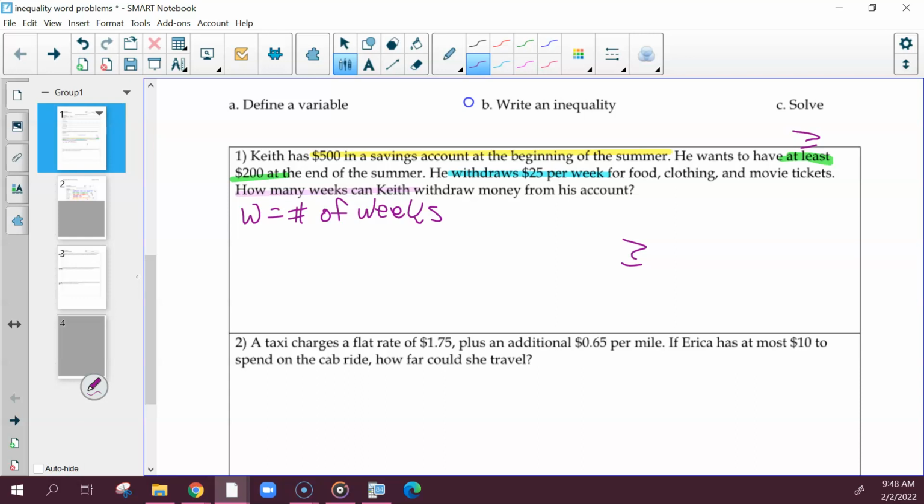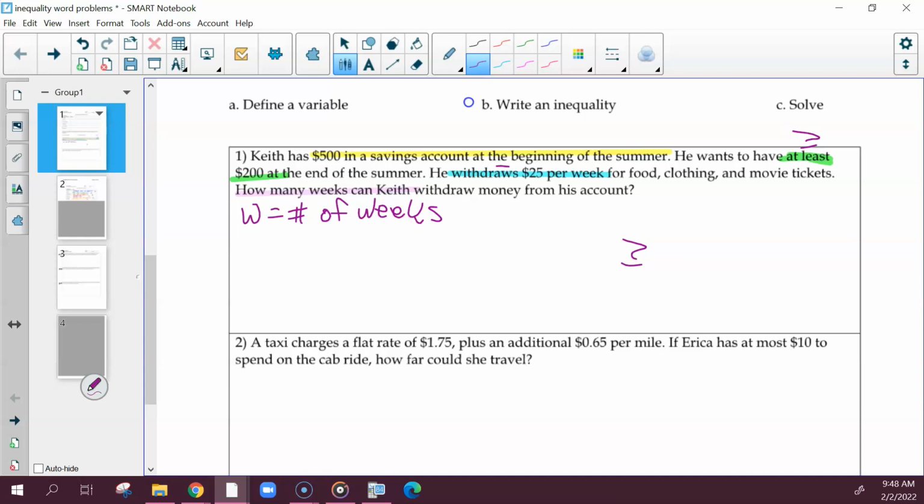Now, which of these numbers... Withdrawals. What operation would that be? Subtraction. So we know we're going to be subtracting 25. But from what? 500.